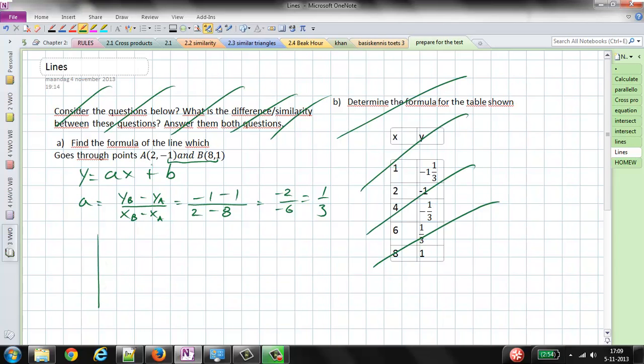So I've got 2, minus 1, and 8, 1, like that. And then there's going to be a line through that. And then we draw the triangle. The triangle says I go to the right 2, 4, 6, and I go up 2, the rise over run is going to be equal to 2/6 or equal to 1/3.